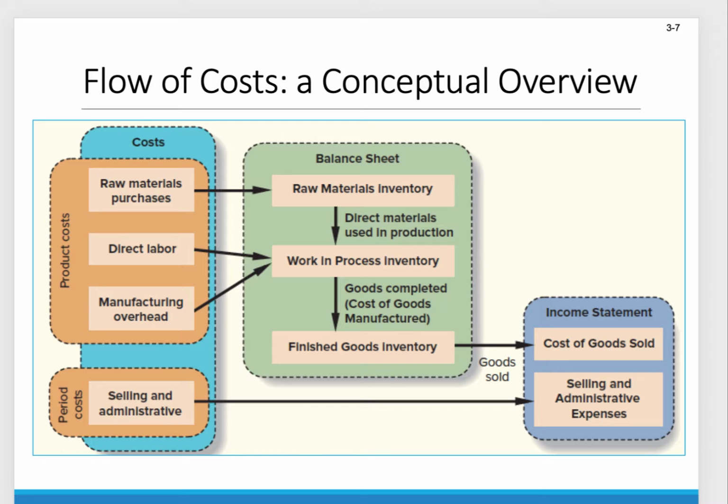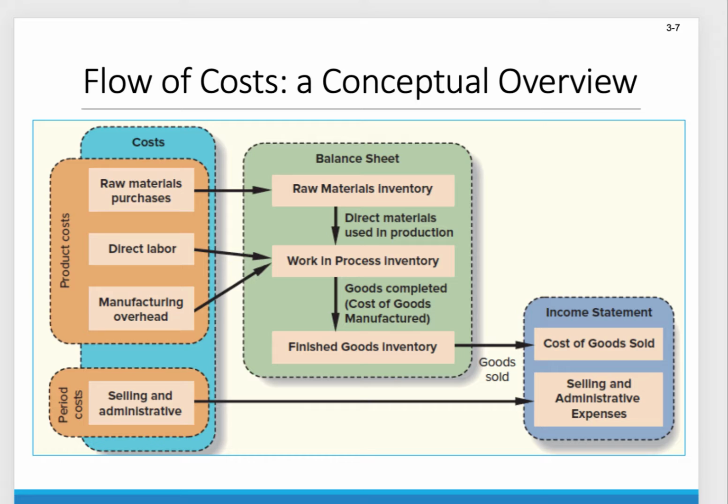A car radio is a finished product for Sony, but for us at Ford, we consider that a raw material. So keep in mind that one company's finished good can become another company's raw materials inventory. So whenever we incur a raw materials cost, we always hit our raw materials inventory account.